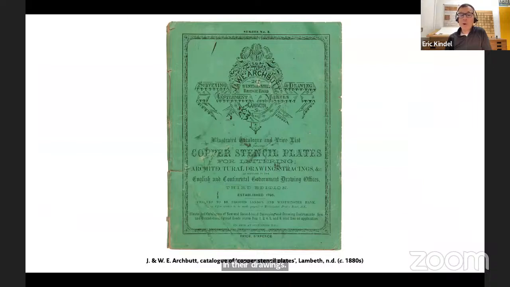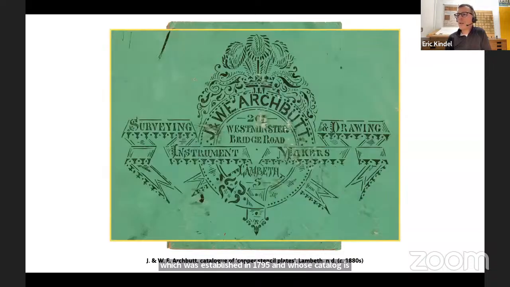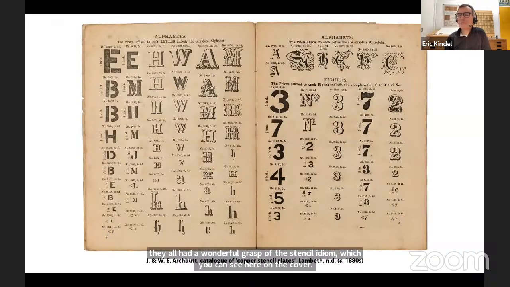One such company was Archbutt of Lambeth, which was established in 1795 and whose catalog is typical of those issued by such makers. They all had a wonderful grasp of the stencil idiom, which you can see here on the cover, while inside, there was no shortage of inspiration when it came to stencil letters, numerals, decorated initials, and much else.